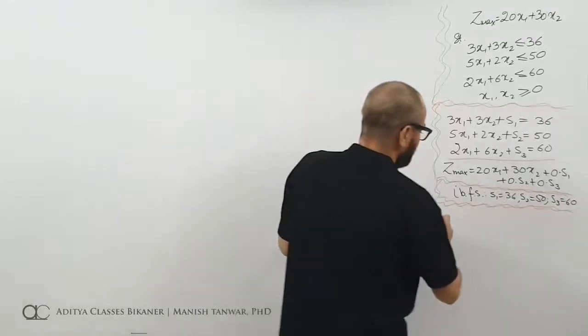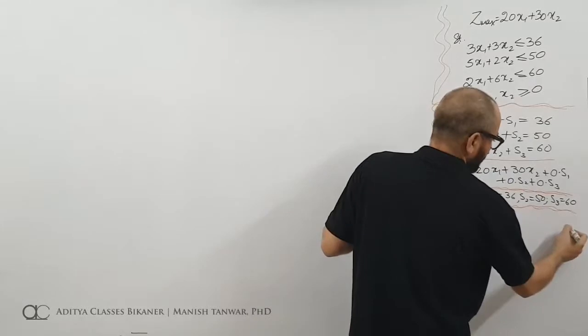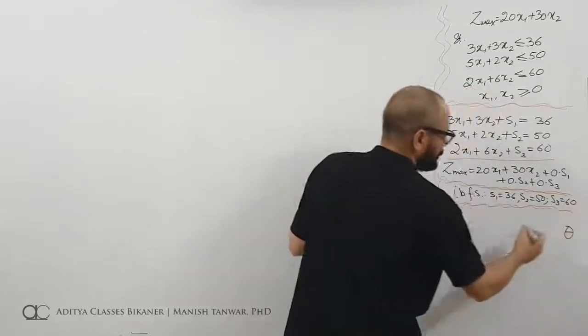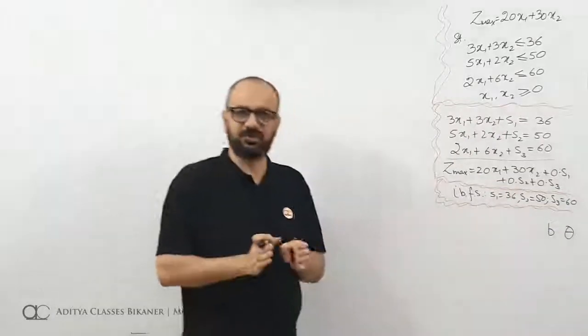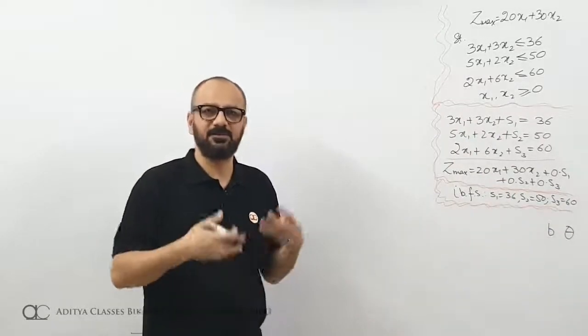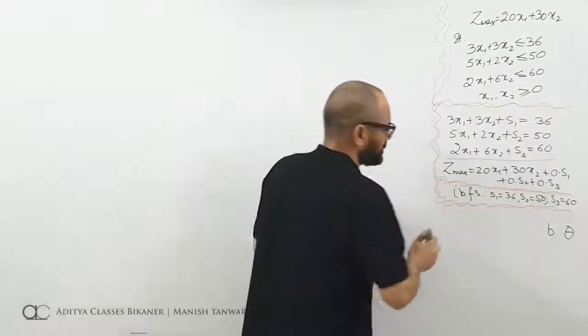What is the format of the simplex table? We have variables. Theta is our decision variable. B is our solution, number of units. It could be cost, it could be rupees, but generally it is number of units.